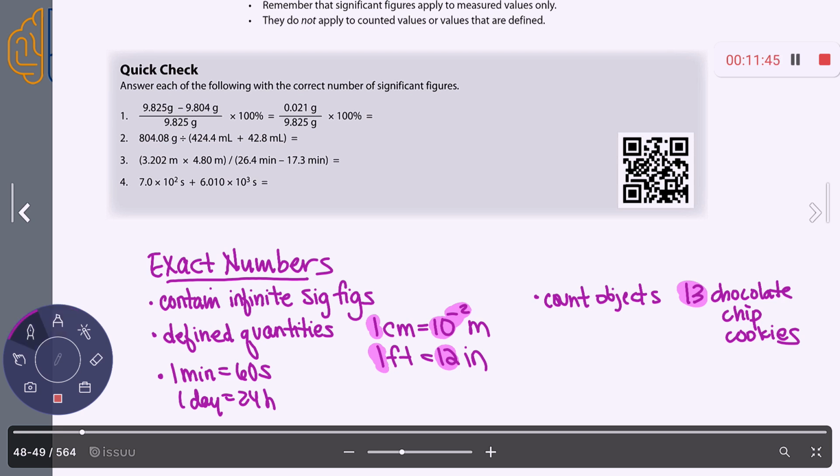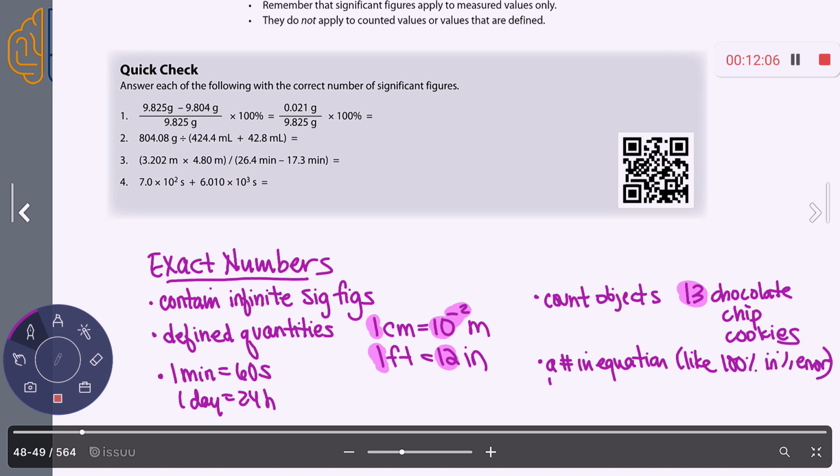Okay? Now, when you're performing problems and you have a number in an equation, like the 100% in percent error.